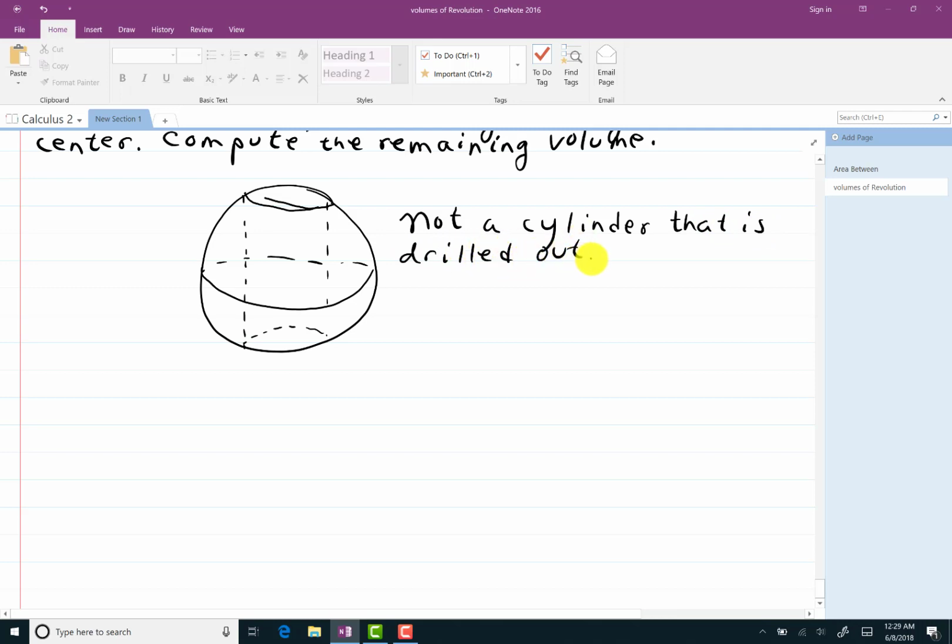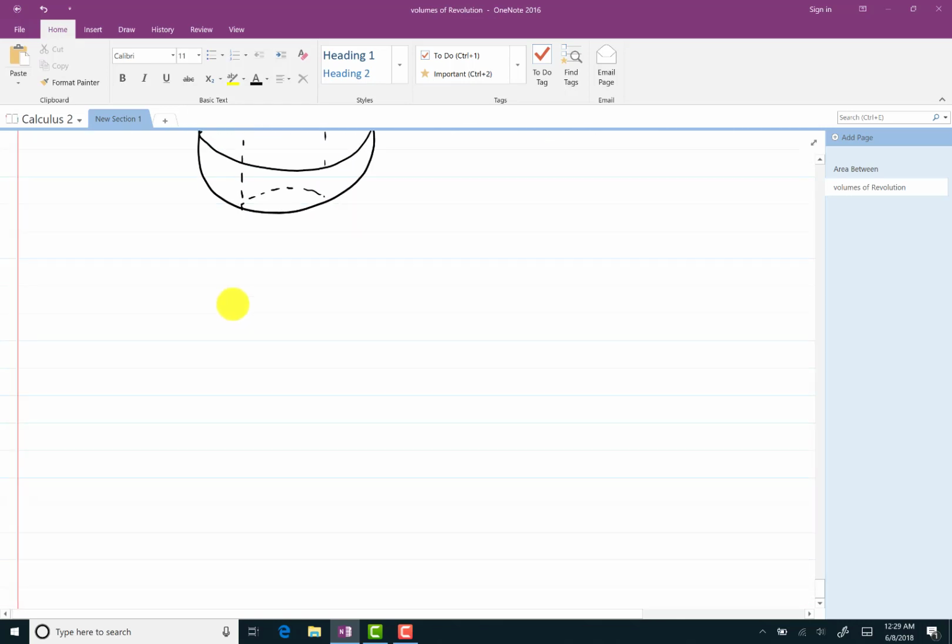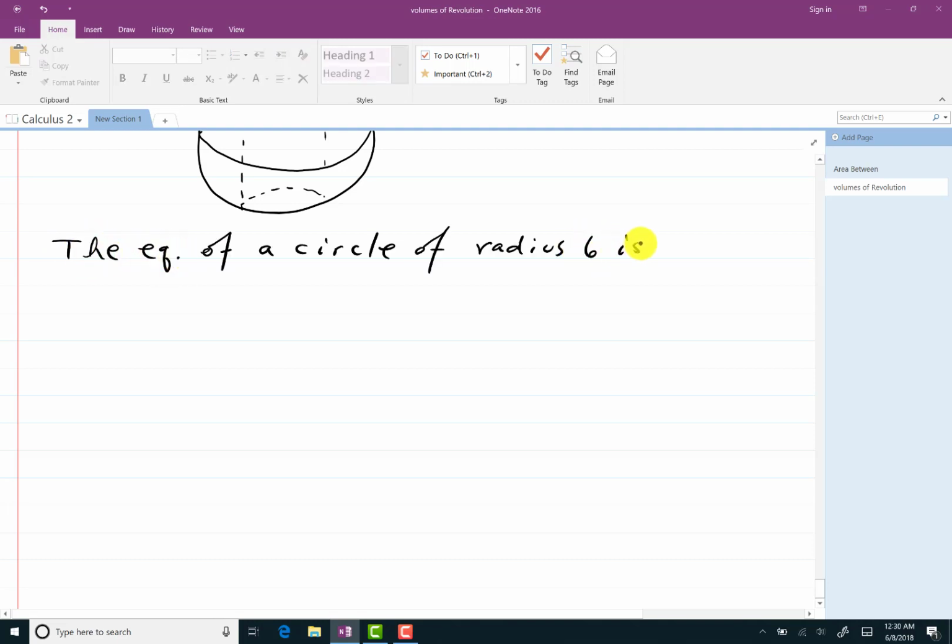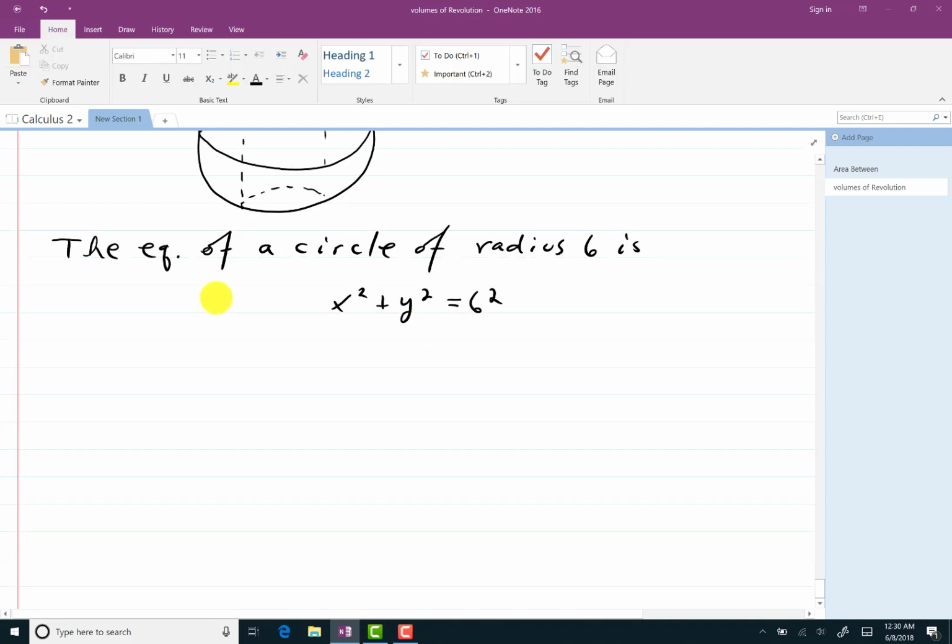Well, what we could do is instead look at just a circle of radius 6. The equation of a circle of radius 6 is x squared plus y squared equals 6 squared. Of course, this means the circle is centered at the origin. But believe me, you don't want to mess around with changing that around.